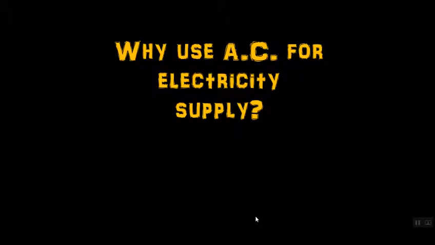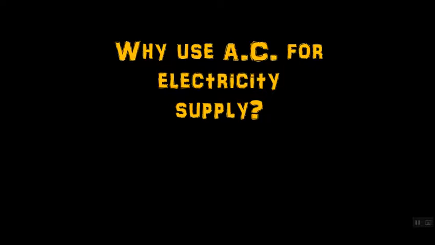Okay, why would we want to use alternating current for electricity supply? The reason is that when we transfer electricity in wires, the more the current, the more energy is lost. In DC, we can't change the current or the voltage, so that can't work.